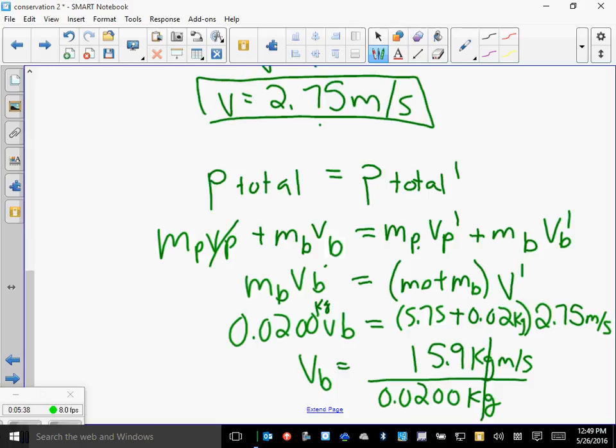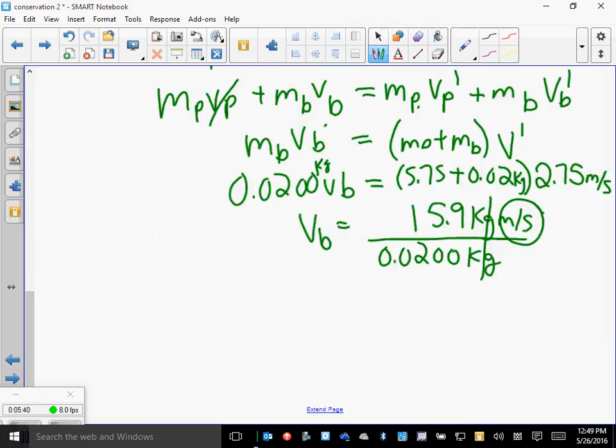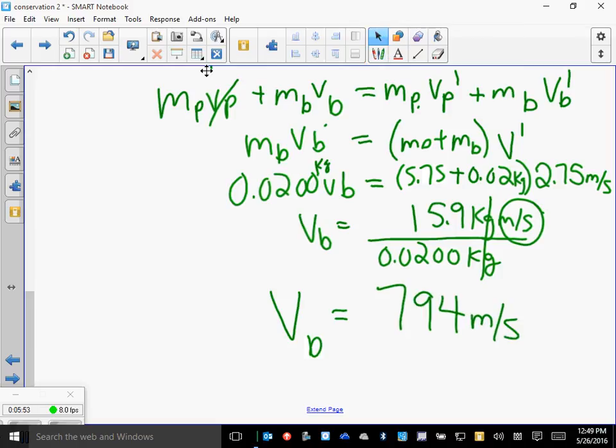Kilograms get canceled out. We're left just with meters per second, which makes sense since we're talking about velocity. So when I do this calculation, I got 794 meters per second. You want to pause, grab your calculator, and make sure you get that answer as well. So the bullet was traveling at 794 meters per second just before it hit the pendulum.